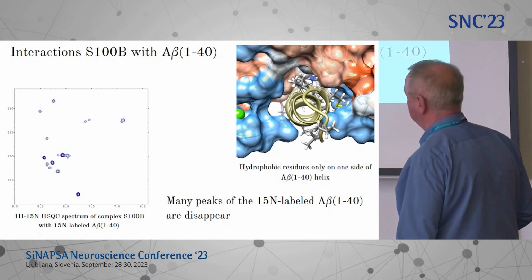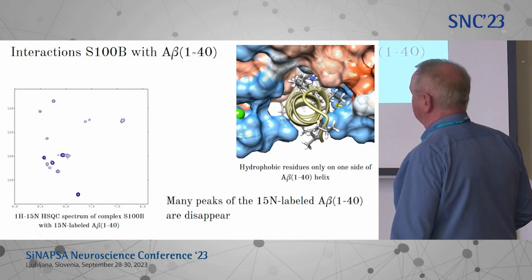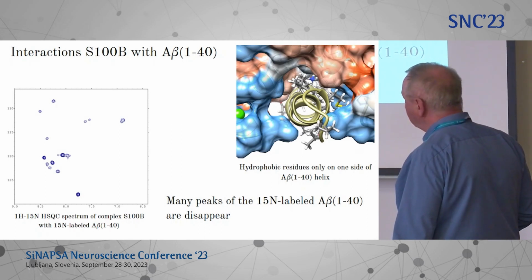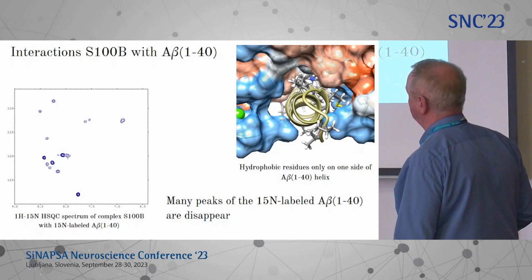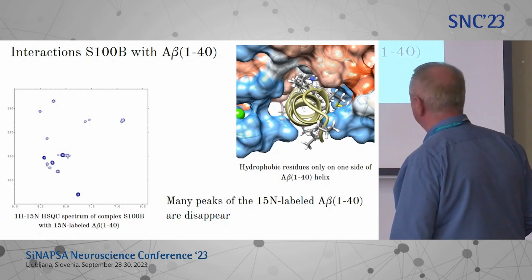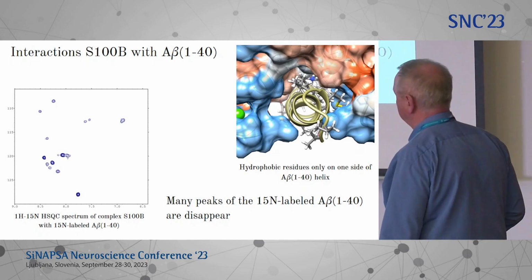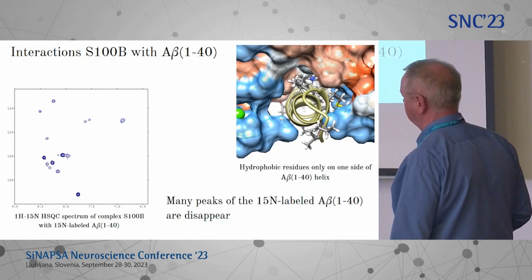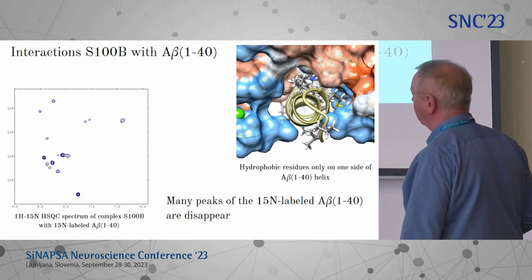This data shows the proton nitrogen correlation for N15 labeled peptides and unlabeled protein. We observe that many peaks from A-beta 140 peptides are not observed on this spectrum at all.